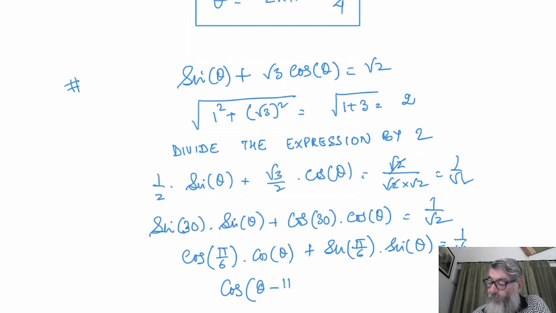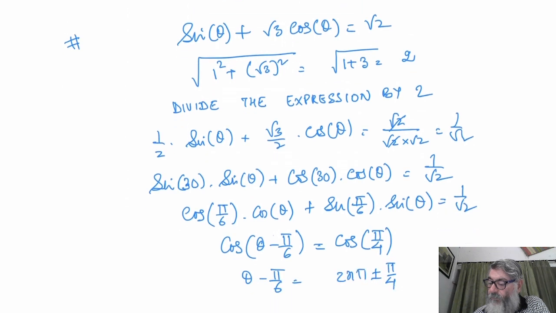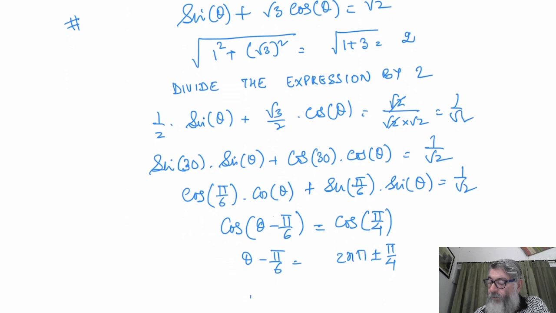So theta minus pi by 6 will be equal to 2n pi plus minus pi by 4. Solution is this. So theta would be equal to 2n pi plus minus pi by 4 plus pi by 6. Is that clear?